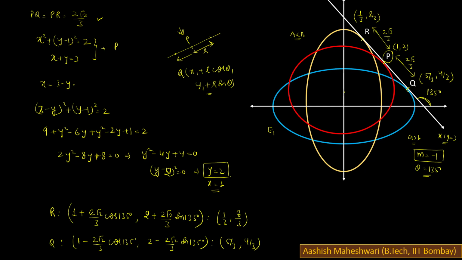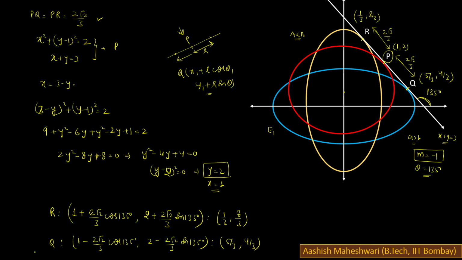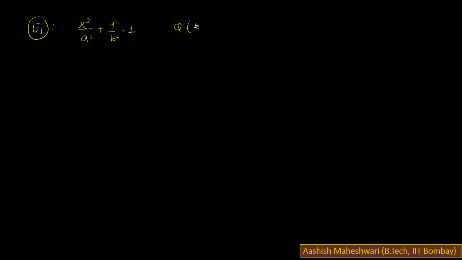Now at this point we know the tangent, that is x plus y is equal to 3, and we know how to write the equation of the tangent at a point Q. What is point Q? You can see this is (5 by 3, 4 by 3). So what is the equation of tangent? We know the tangent at a point is T equal to 0. So what is this?